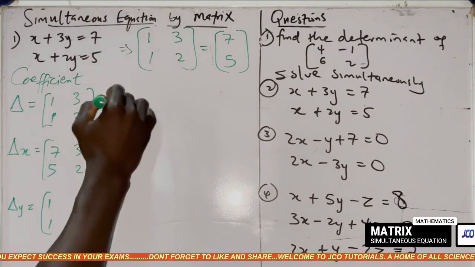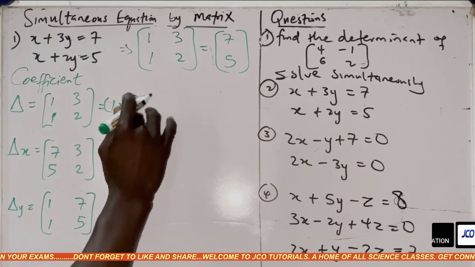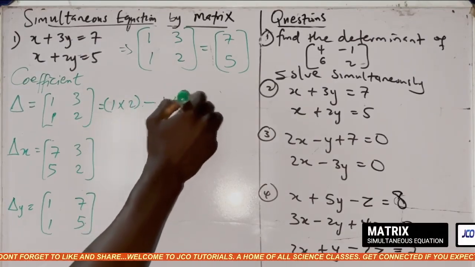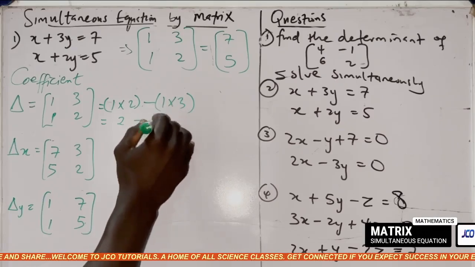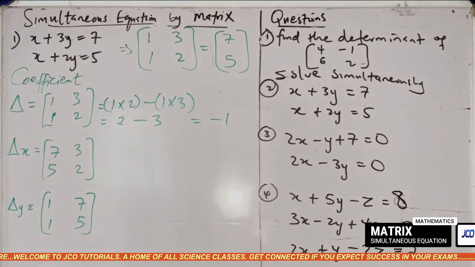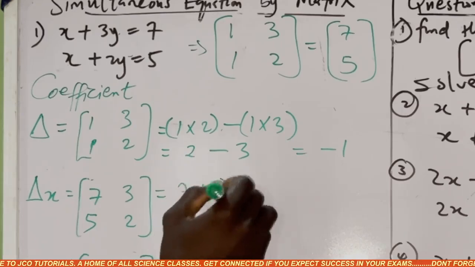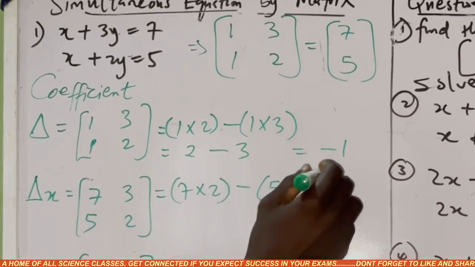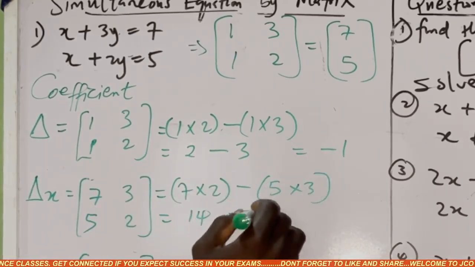Main diagonal 1 times 2 minus the other diagonal 1 times 3. 1 times 2 gives you 2 minus 1 times 3 gives you 3. That gives you minus 1. That being said, the next main diagonal 7 times 2 minus the other diagonal 5 times 3. 7 times 2 is 14 minus 5 times 3 is 15.